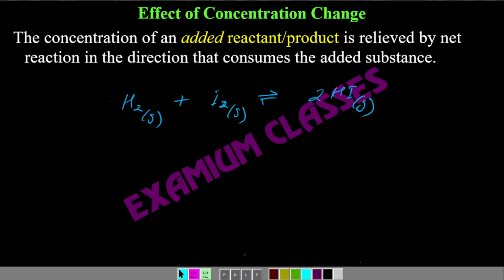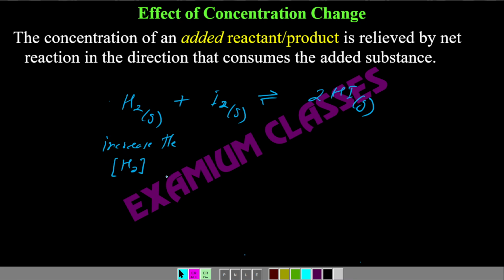Now, as per Le Chatelier's principle, if we make any change in this reaction, it will try to oppose it. So suppose I increase the concentration of hydrogen. The square bracket itself shows it is concentration I am talking about, so whenever we use it, we don't need to write the word concentration.